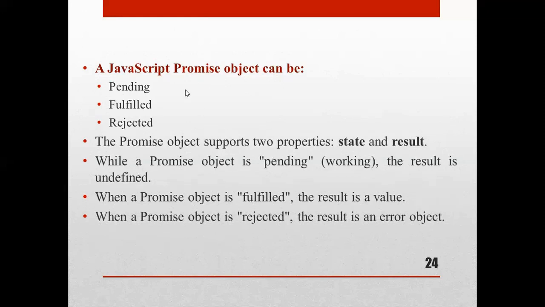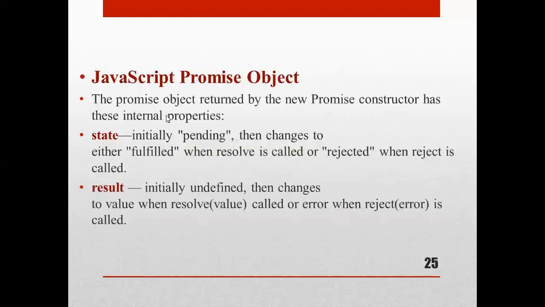Okay, so these are the three states for a promise: pending, fulfilled, and rejected. A promise object is created by the new Promise constructor and has these internal properties, state and result.